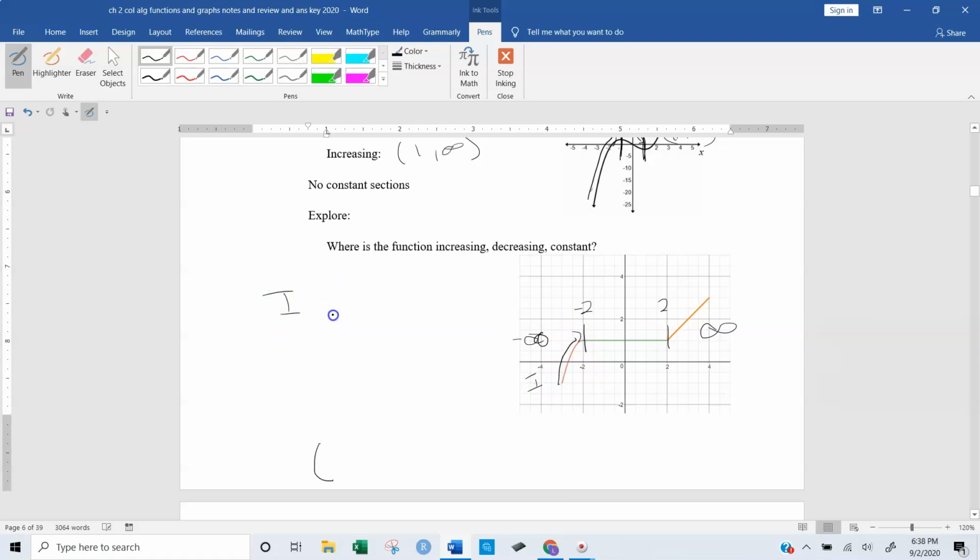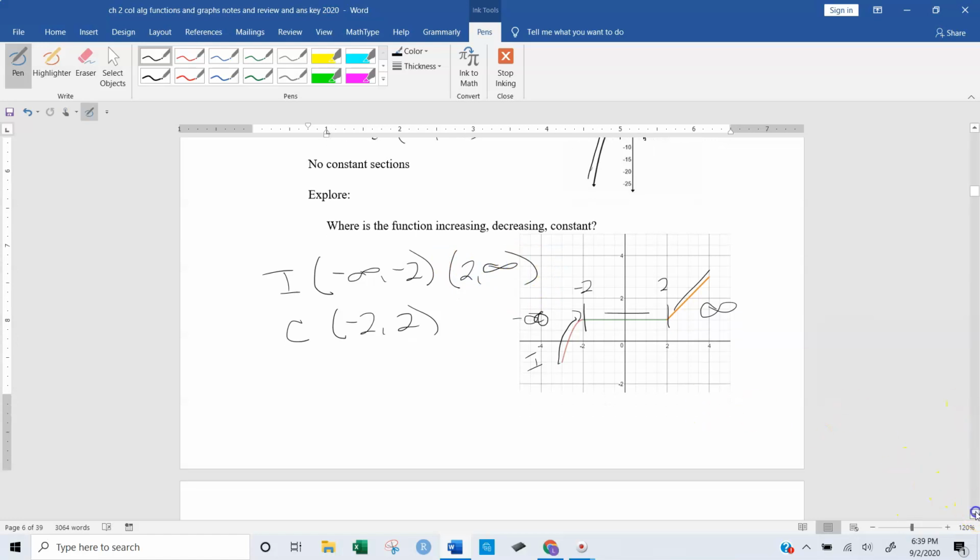From negative 2 to 2, it is constant. It is not changing. From 2 to infinity it is going up again, so it is increasing. This graph is decreasing nowhere.